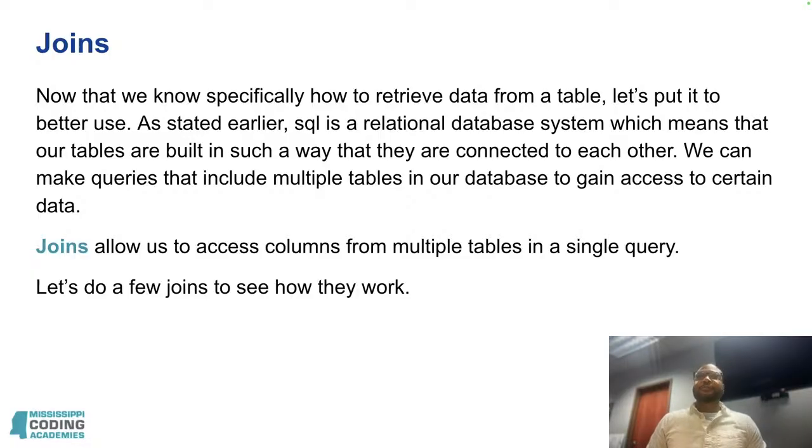So far, the queries we've been writing have worked with just one particular table, whether it's artist or album, band, etc. So now, how can we write a single query that uses multiple tables? The way we do that is with a join. So let's see how they work.